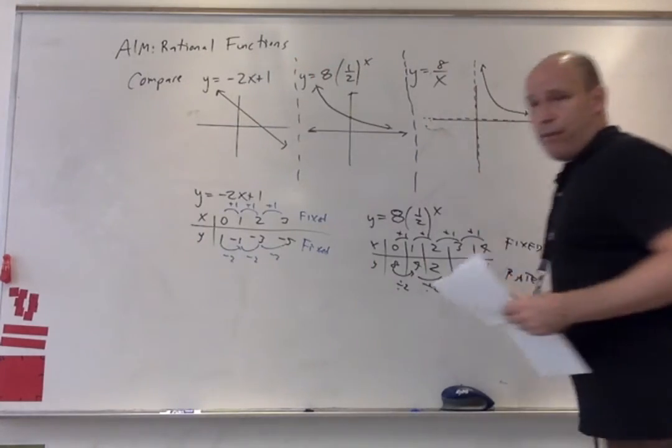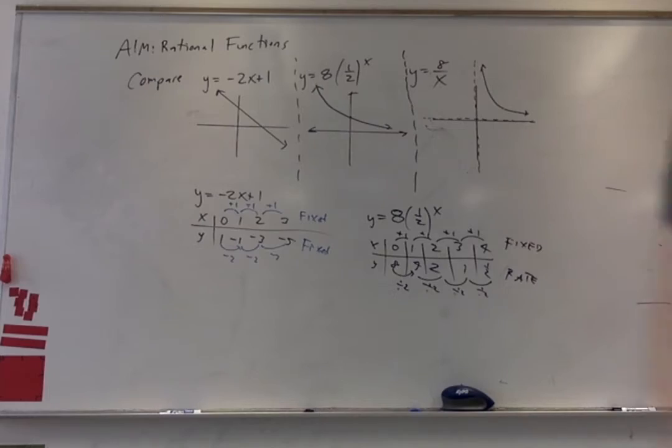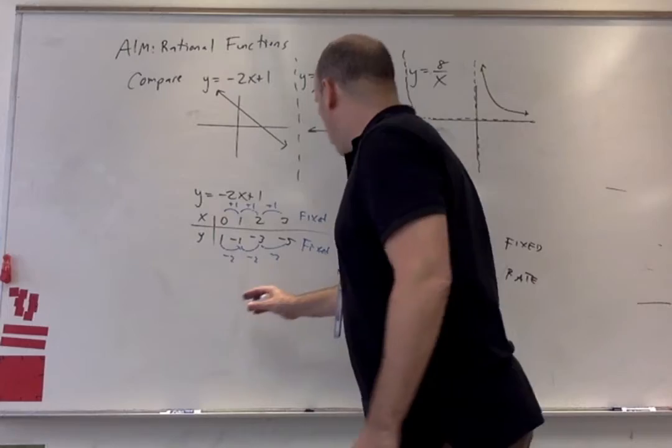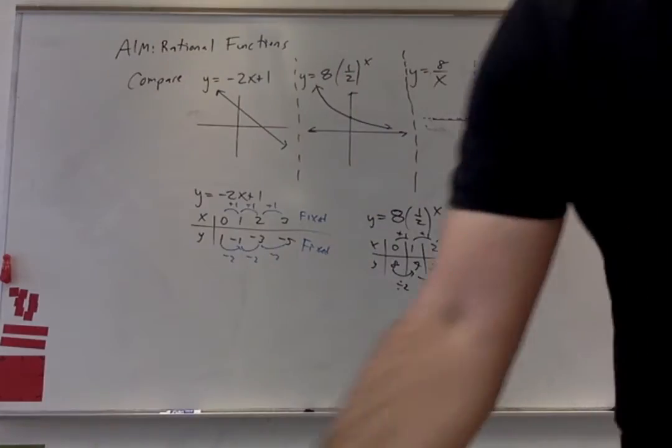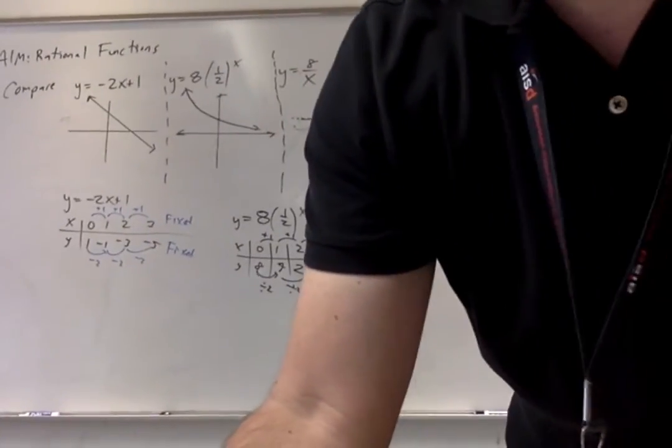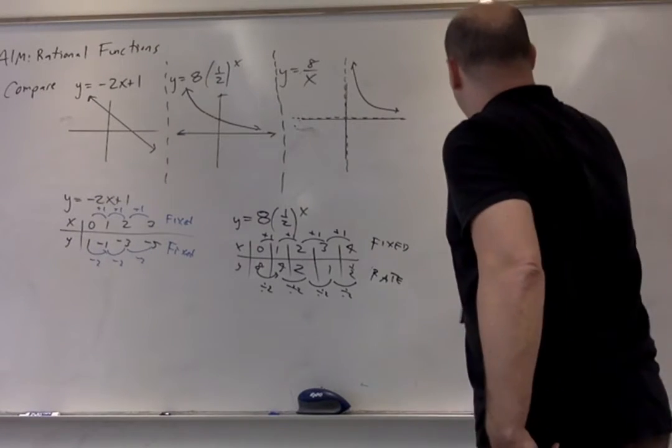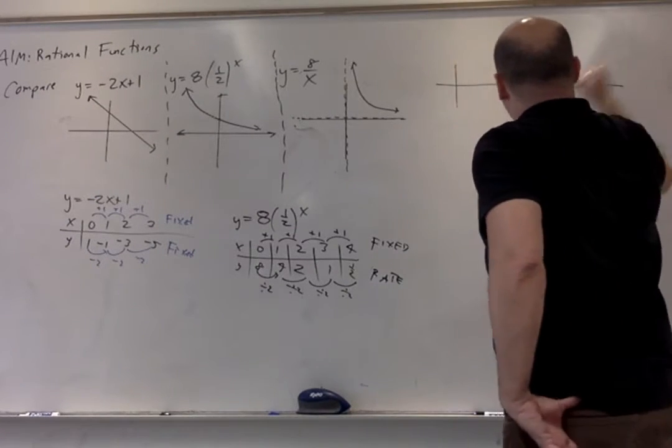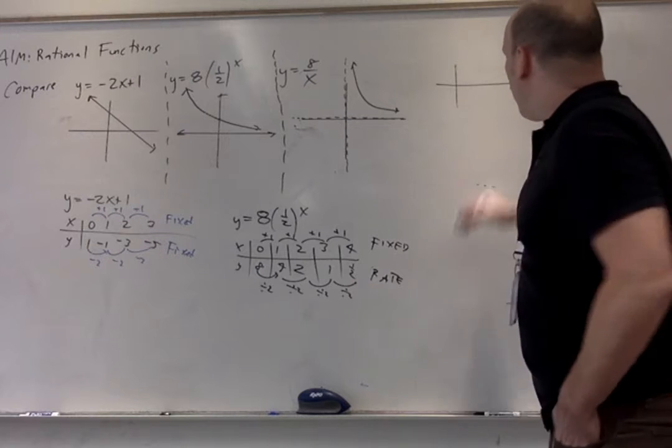What's going on with 8 over x? This is kind of cool. I'll do it next to it, sorry. Let's make a chart. Now, we can't put 0, so I'll start with 1.